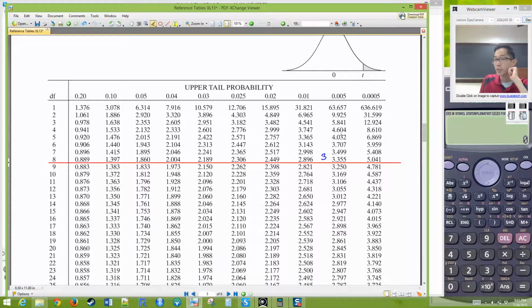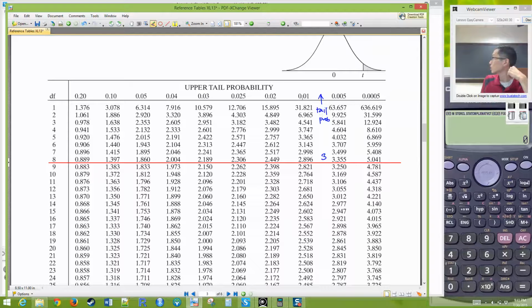Okay, so my test statistic ends up here. This tells me that my tail probability, the column heading says tail probability, is going to be between 0.01 and 0.005, because 3 is in between these two columns.